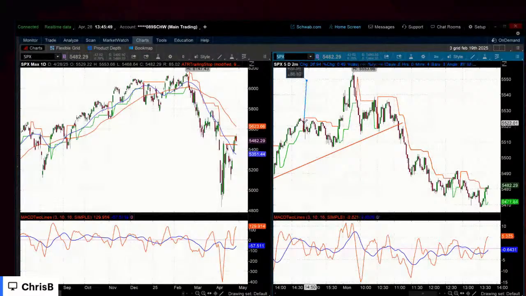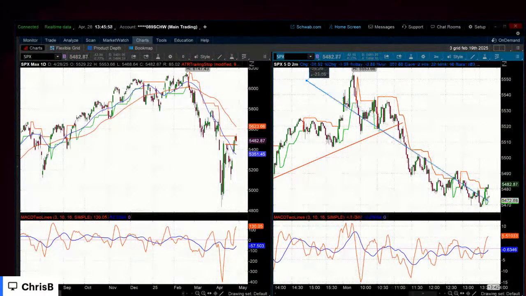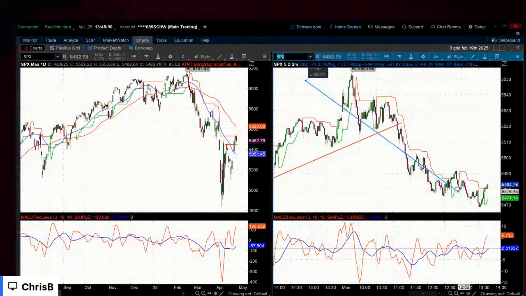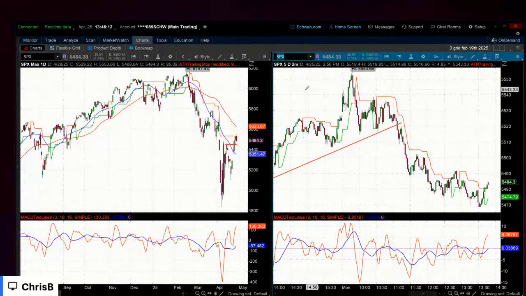If you shorted right there, and then you got stopped here, you still would have made money. If you shorted there and got stopped, you still made money. If you shorted here, you wouldn't have gotten stopped till down here. So mechanically, even though it's only one reason really, as long as you see where the trend lines are and where the ATR trailing stop is, at least you won't lose quickly.